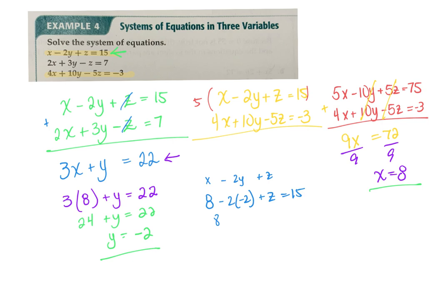So it's plus 4, right? Plus z equals 15. This is going to be 12, so z is going to equal 3. So my final answer is x, y, z. All right, makes sense?